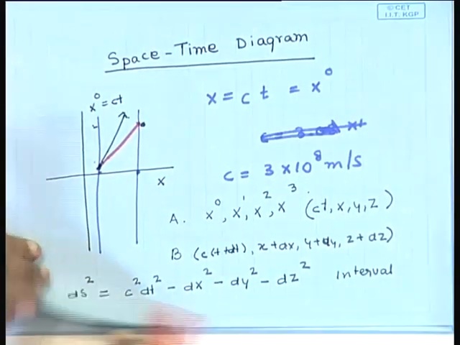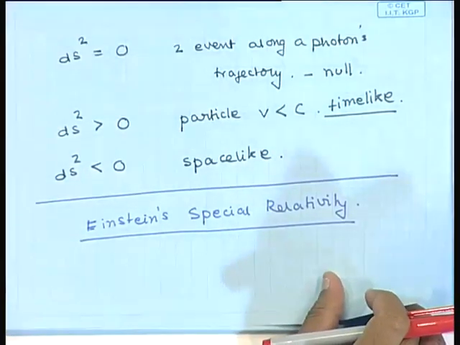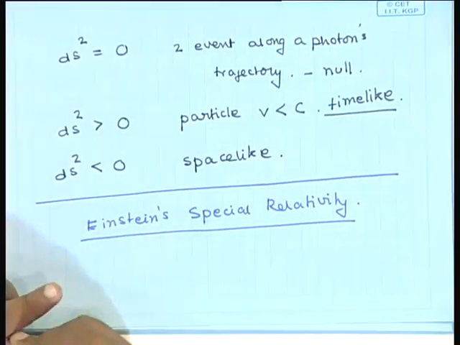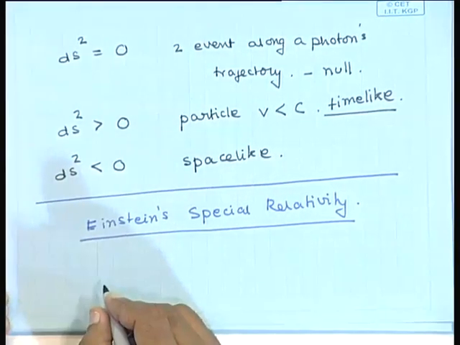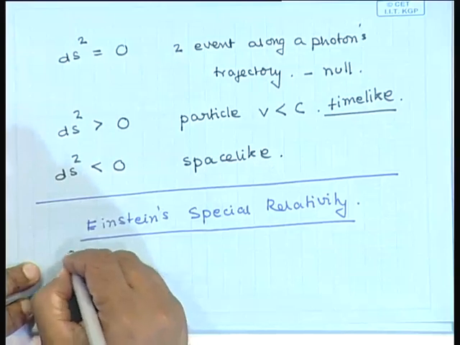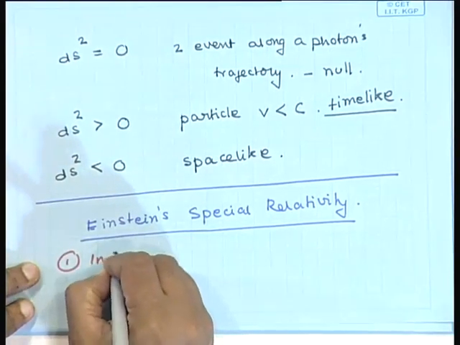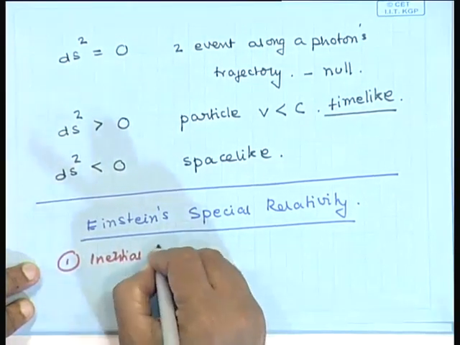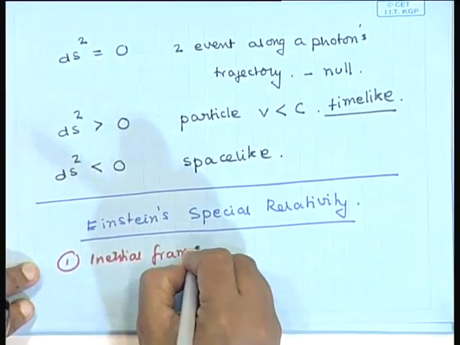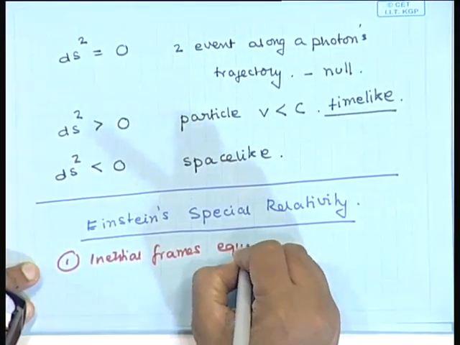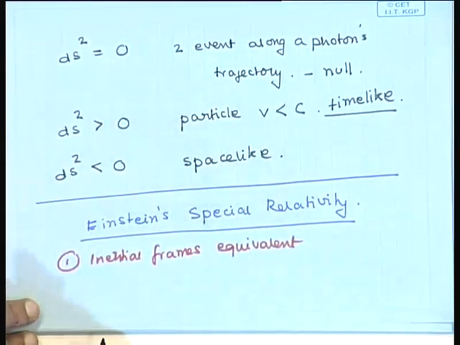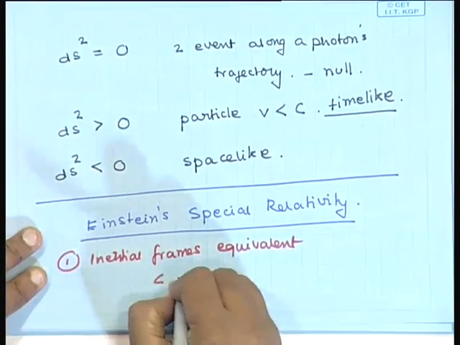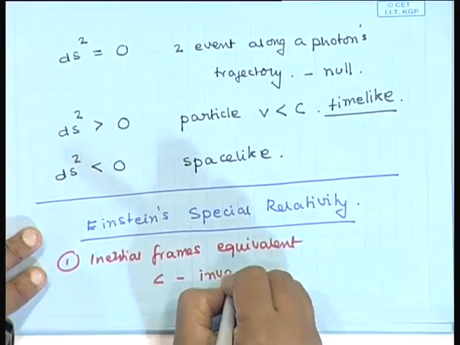It turns out that in Einstein's theory of relativity, all inertial frames are equivalent, and the speed of light is invariant, is the same in all inertial frames.